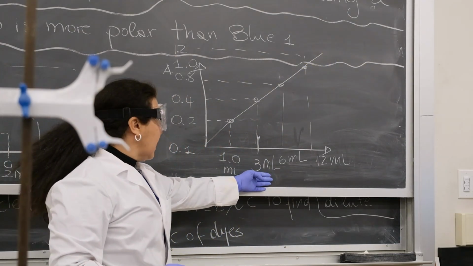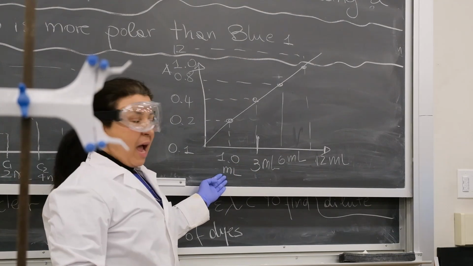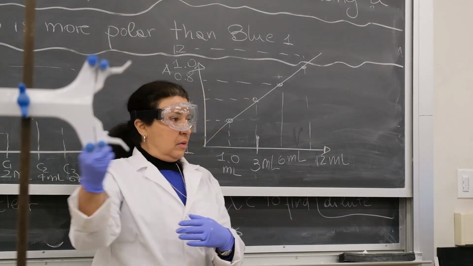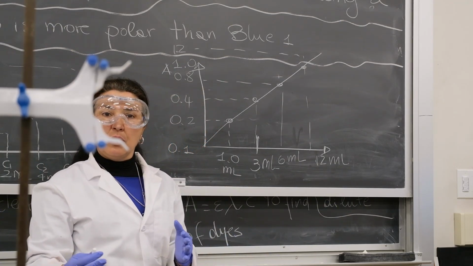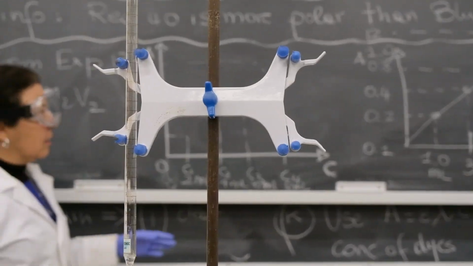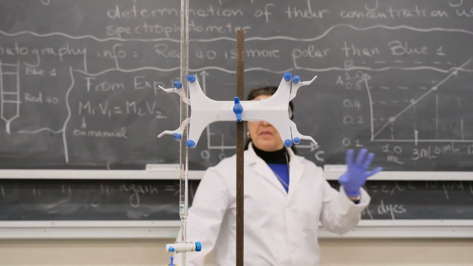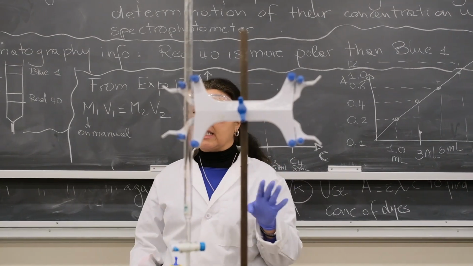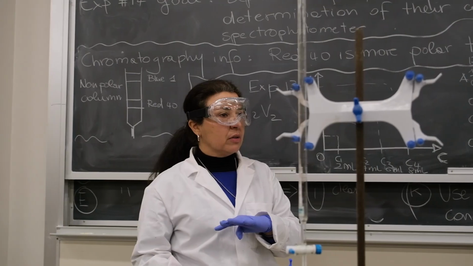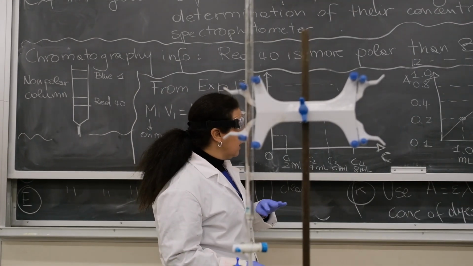So starting from 3, you divide, you multiply by 2, you multiply by 4, you figure out what is the amount that you have to use for your dilutions, okay? Once you have done that, you're going to measure the absorbance of these 4 solutions. In the same way you made 4 solutions for experiment 13, you're going to make 4 solutions for experiment 14.